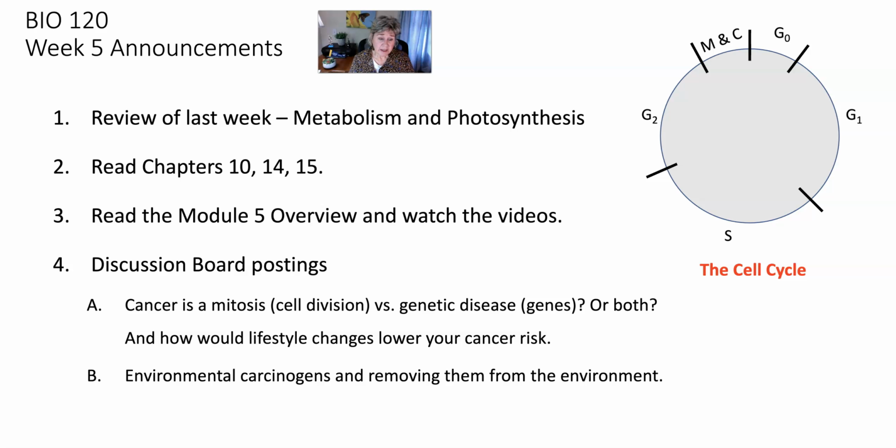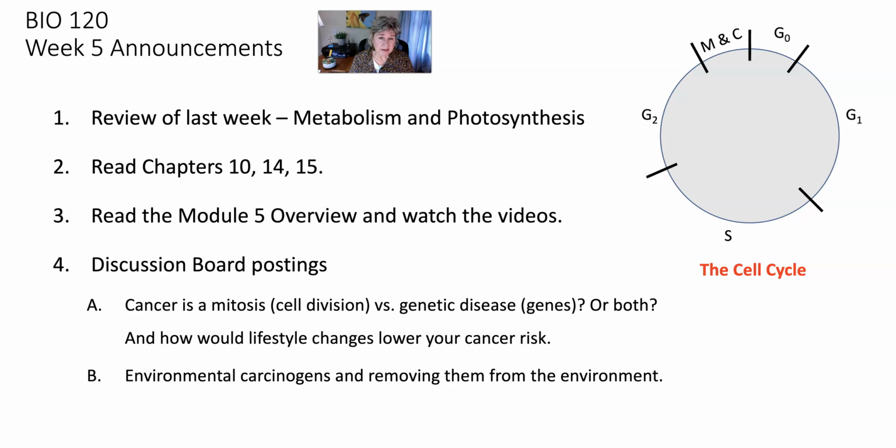So the question is, is cancer a problem with cell division, the cell cycle I'll mention in just a second, versus a genetic disease, meaning in the genes? Now, I know that you've heard of genes associated with cancer, like the BRCA genes. There are 2 BRCA genes, and they're involved with breast cancer and ovarian cancer.